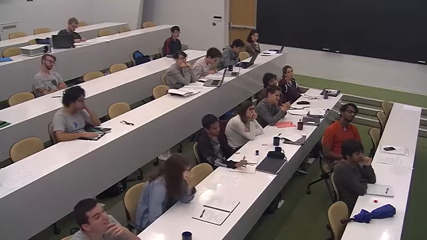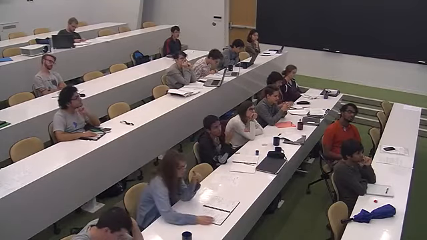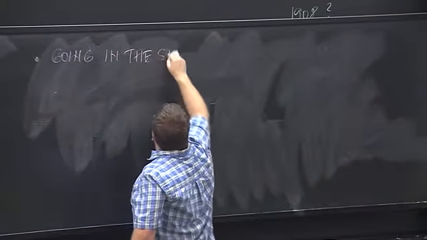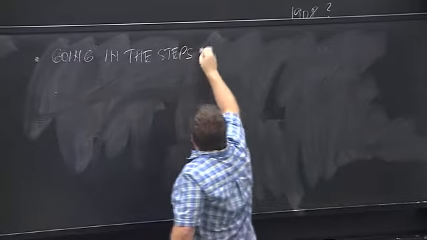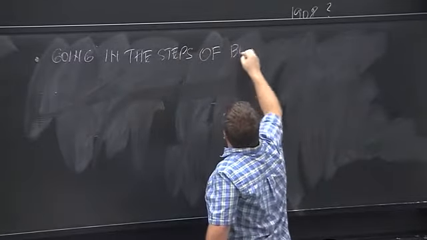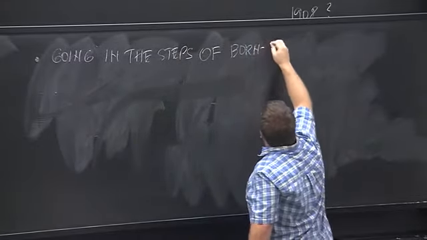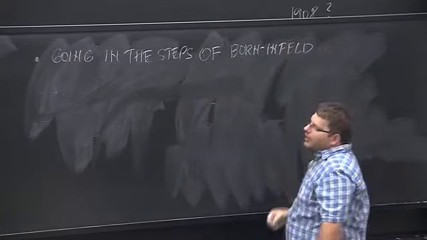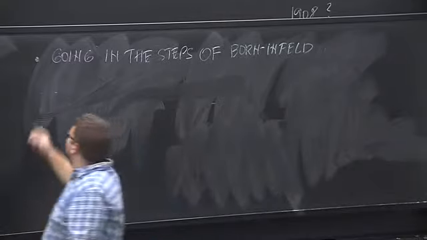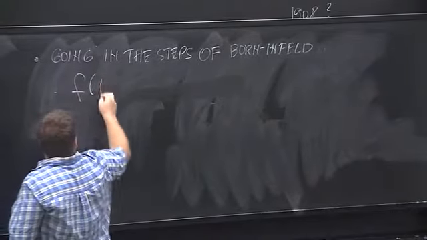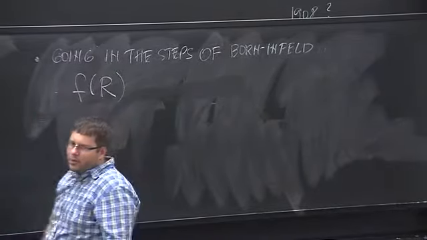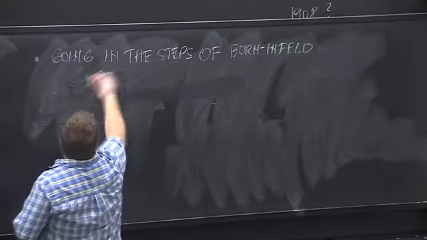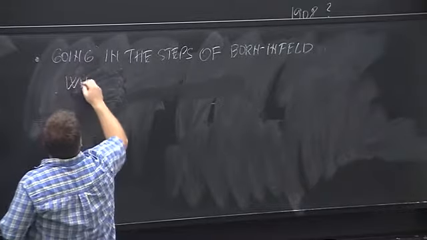So now, going in the steps of Born and Infeld, we might think that we can actually do any function of the Ricci scalar. But actually, that's not the only scalar. So which scalars do I have?